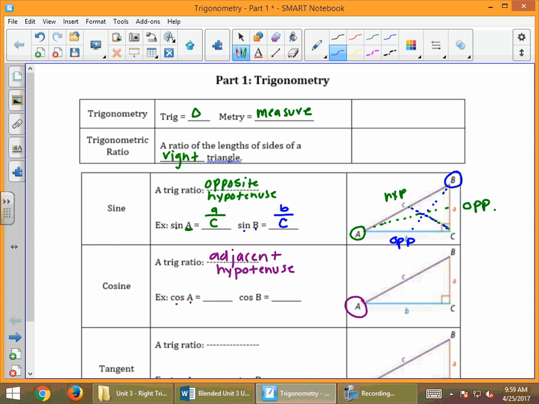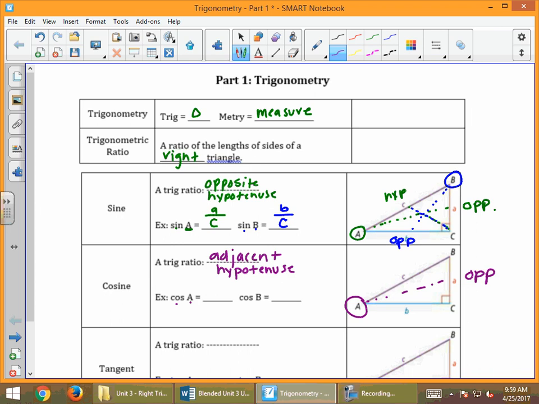To figure out the adjacent side, it's the side that's not the hypotenuse and is touching. But what I like to do is label my opposite and my hypotenuse, and then the one left over is always the adjacent, because sometimes it's hard to tell which is the adjacent, since two lines are touching A. So I start at my angle and go across. That's my opposite.